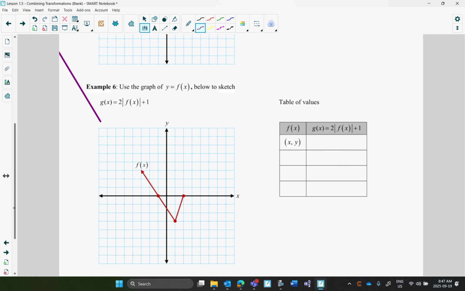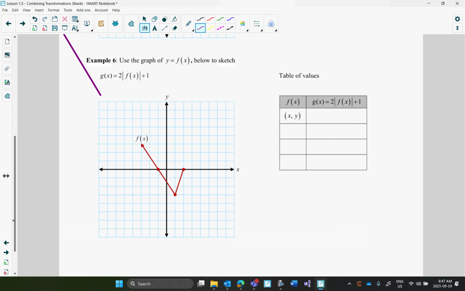This one. Well, you may notice something about this one that's a little weird. It's got absolute value. Okay. You can do that using mapping notation. Notice the absolute value is outside the function, right? So what, do you think it's going to affect the x or y?